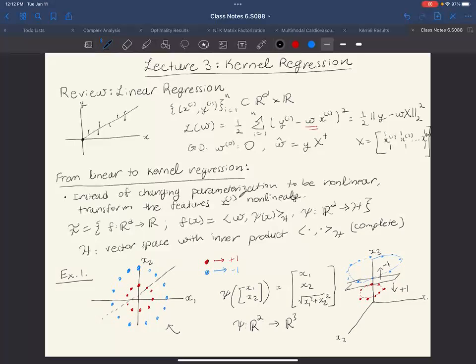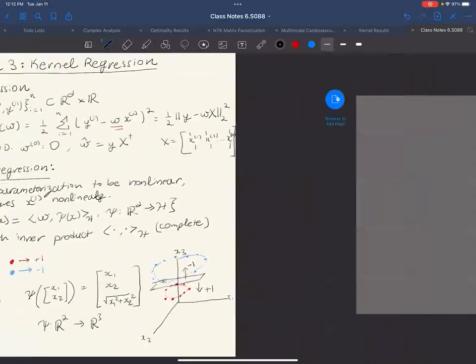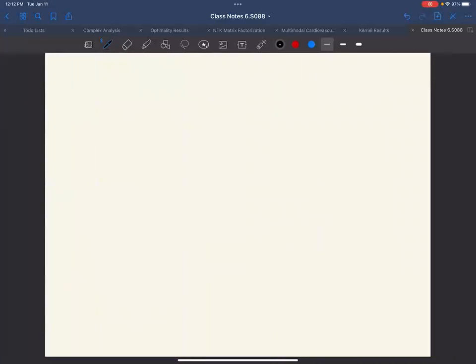So maybe I'll take a moment now and write out a couple of questions that you might have at this point. Two questions. One, what kind of feature map psi should I use?